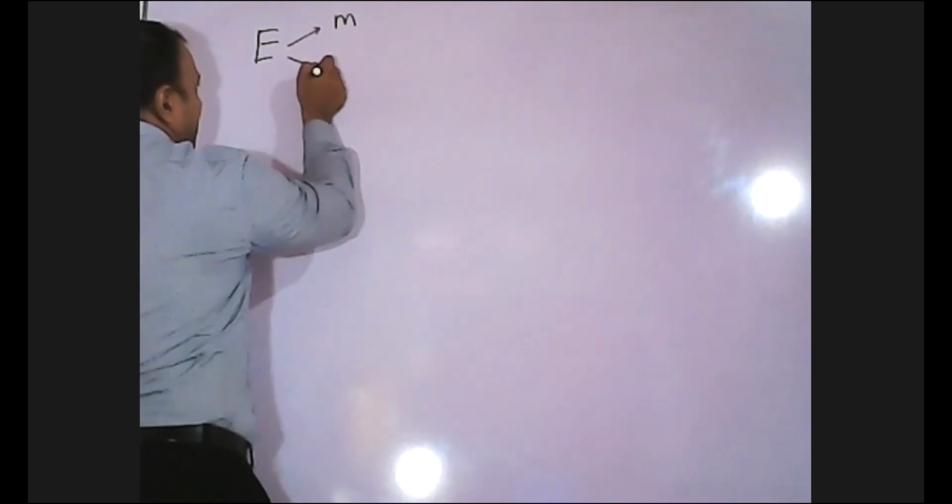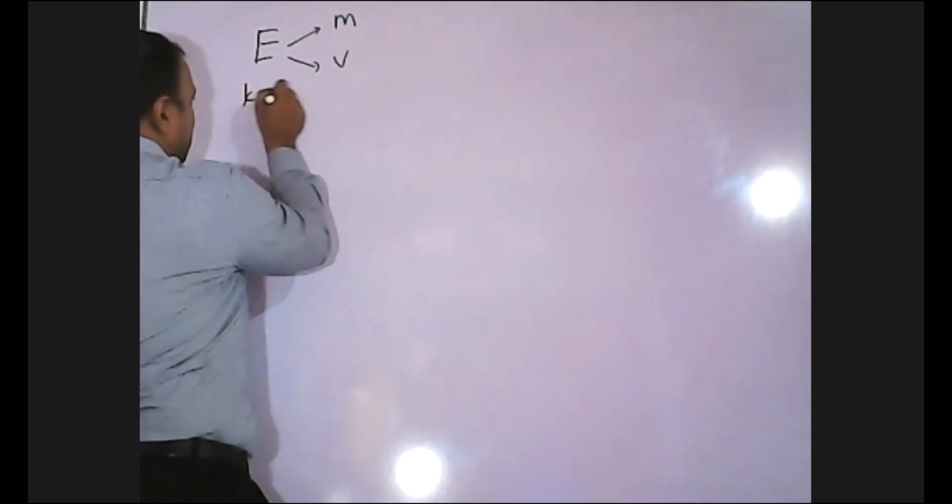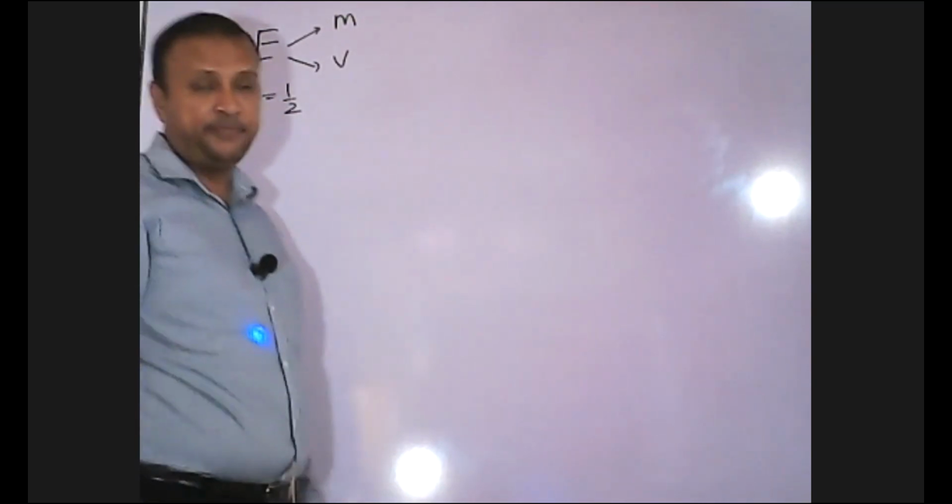In third one, we are given kinetic energy. Kinetic energy is energy that depends on the mass and the velocity of an object, and it is given the proportionality constant. The proportionality constant K is equal to half. Those are the data.